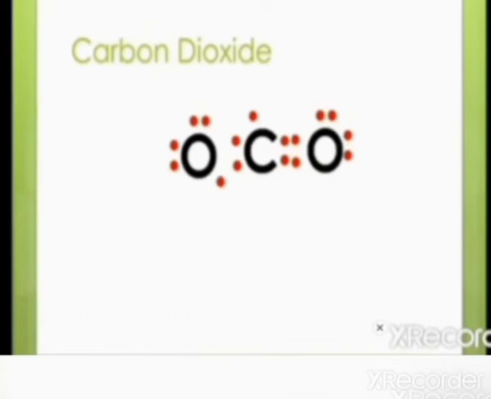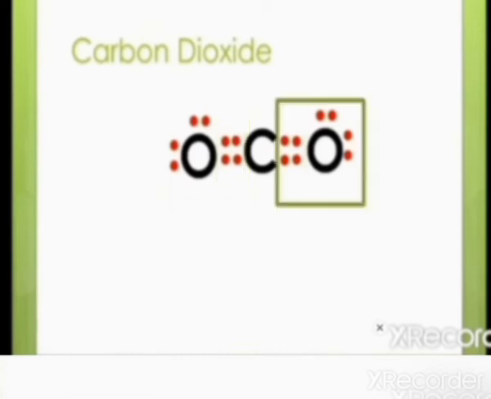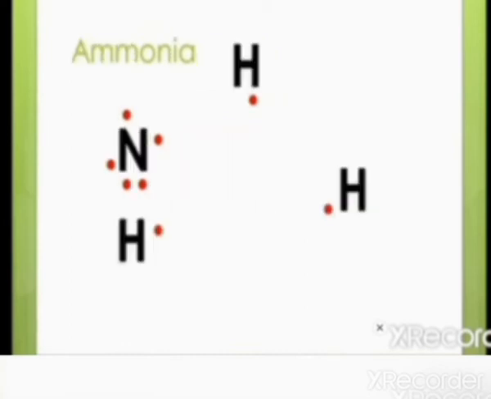Carbon and oxygen will share their unpaired valence electrons, thus forming the double bond. Now carbon has 8 valence electrons, the oxygen on the left has 8 electrons, and the oxygen on the right also has 8 electrons.